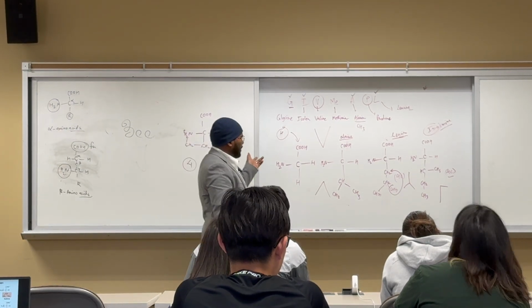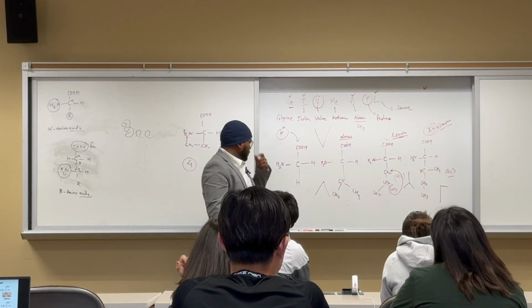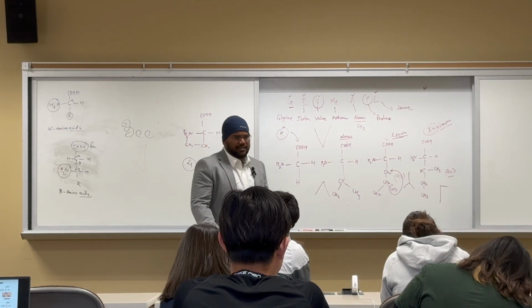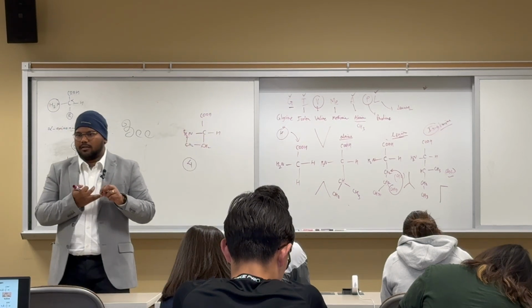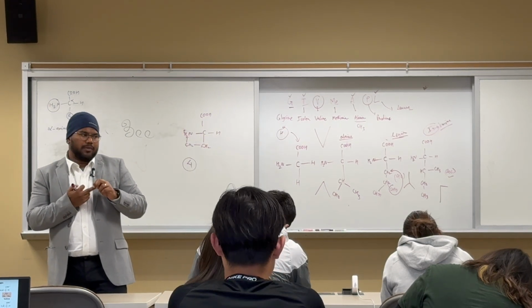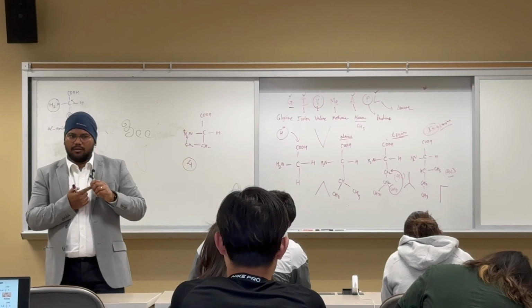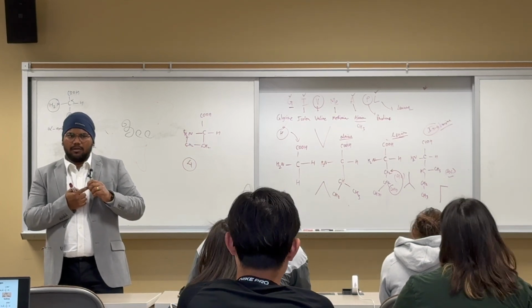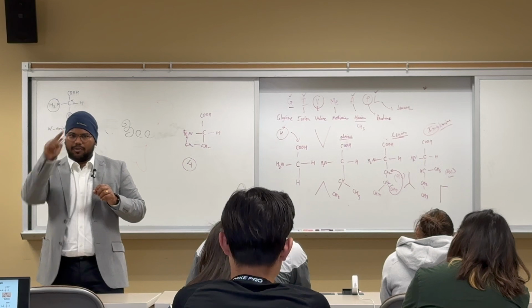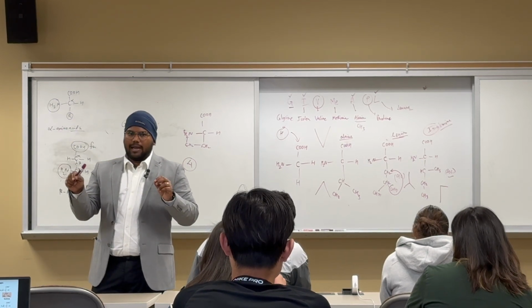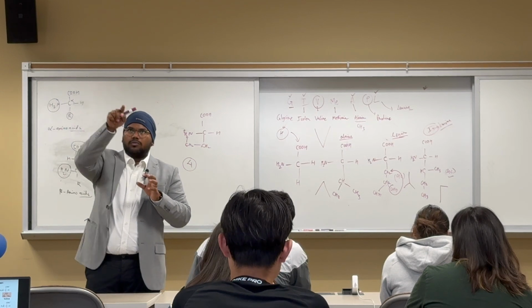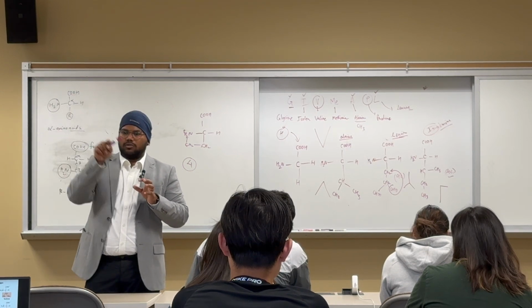I'll revise one more time to remember all the names. Let's start with glycine. Glycine has the simplest, H. Alanine, CH3. Then leucine, 4 carbon, 1, 2, 3, 4. And isoleucine is CH, 1, 2, 3, 4.